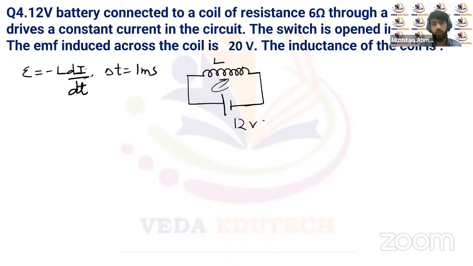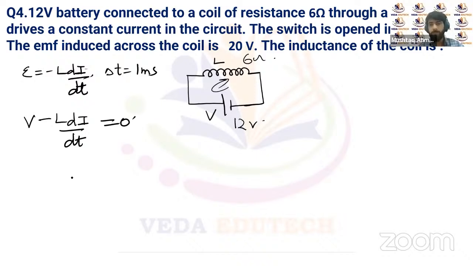The resistance of this coil is given as 6 ohm. Applying Kirchhoff's law, let V be the voltage supplied by the battery, so V minus L di by dt has to be equal to 0. So V must be equal to L di by dt.